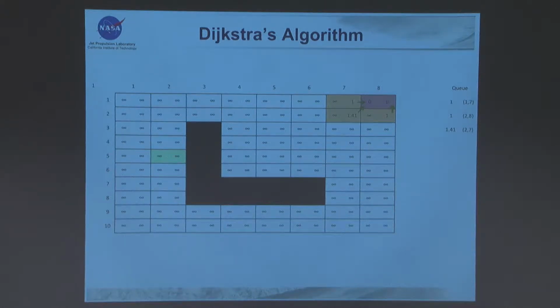This is just one expansion step, and the algorithm keeps doing that for many iterations. In the next step, it will again check the queue and pop the vertex on the top of the queue, which is this one, and it expands this vertex. It takes the J bar value and assigns it to the J value, and it updates the J bar value of neighbor vertices. Then it puts them in the queue.